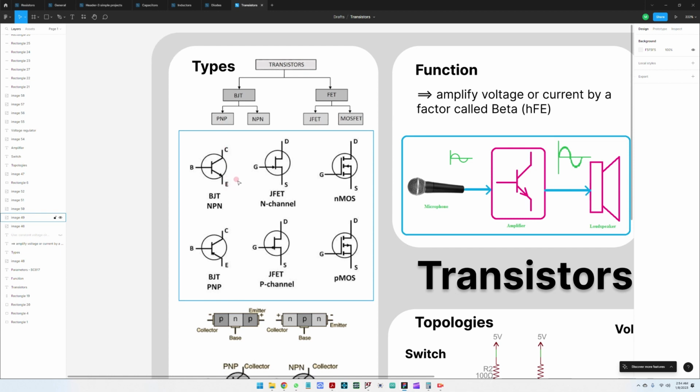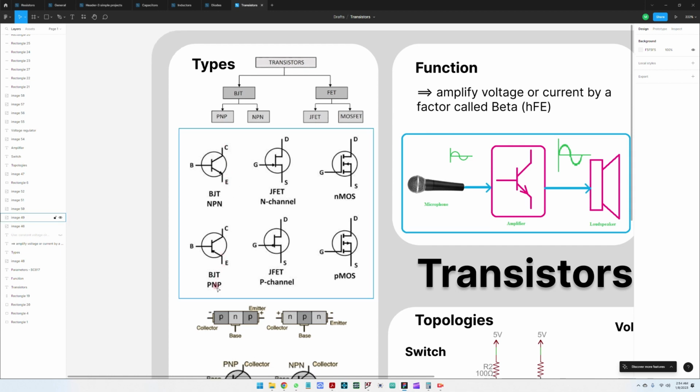In case for the PNP transistors, also bipolar junction transistor, the arrow is from the emitter to the base. So basically, the arrow indicates from which the current should be flowing so that the transistor will open. For the NPN, it has to flow from the base to the emitter. For the PNP, it has to flow from the emitter to the base.